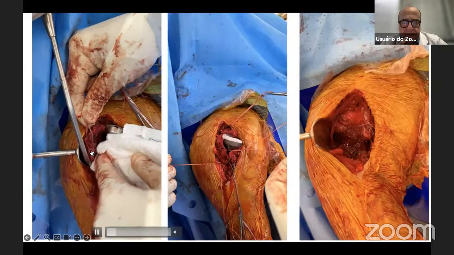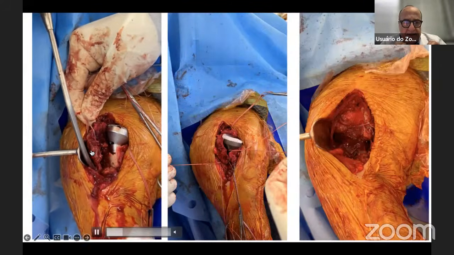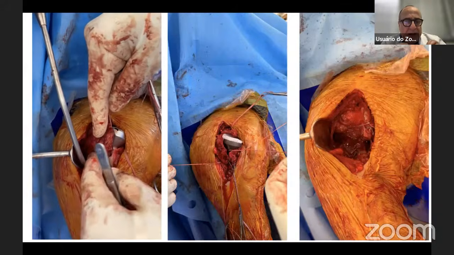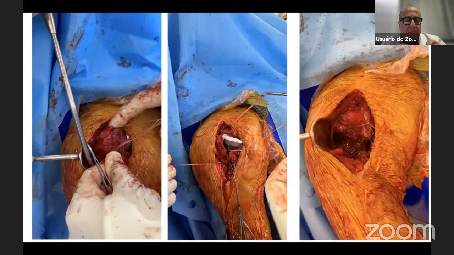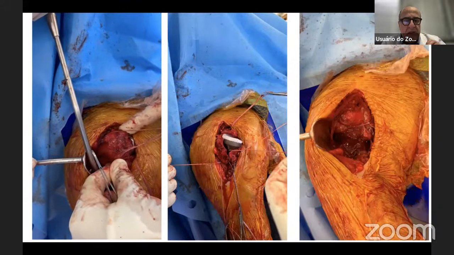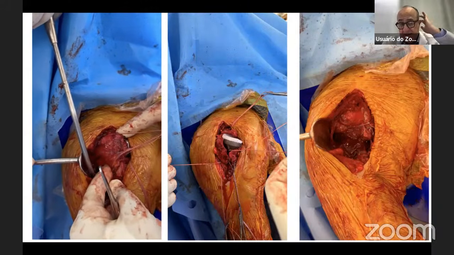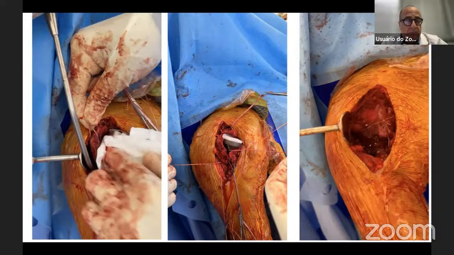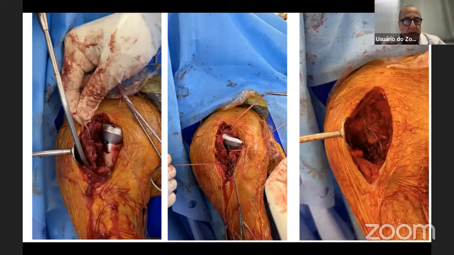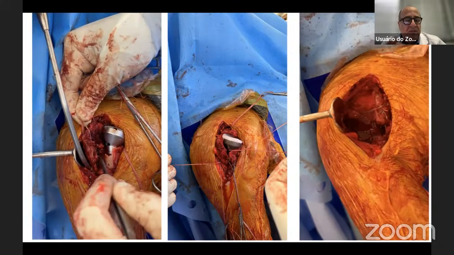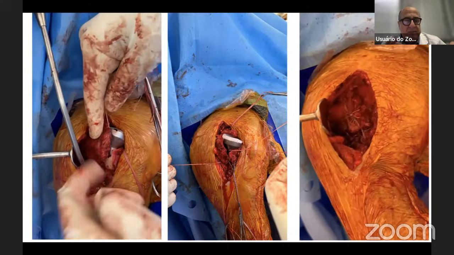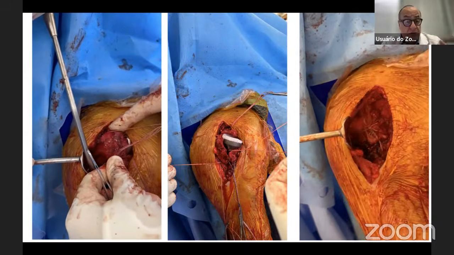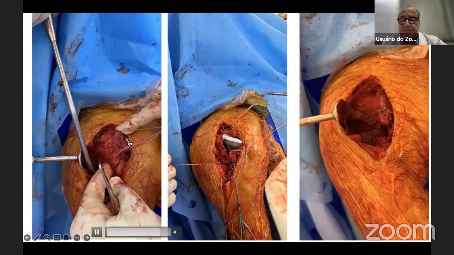The objective of this position in the height of the prosthesis is to make a perfect reduction of the greater tuberosity. As you can see here, I'm trying to reduce in a perfect way, giving the perfect height to the prosthesis, doing a reconstruction, as I said before.